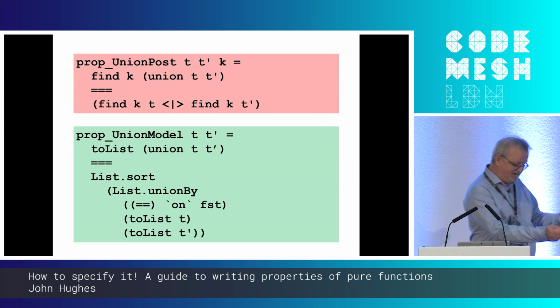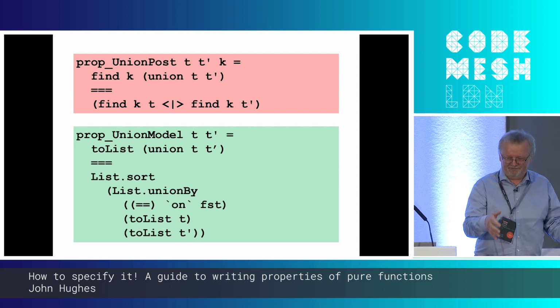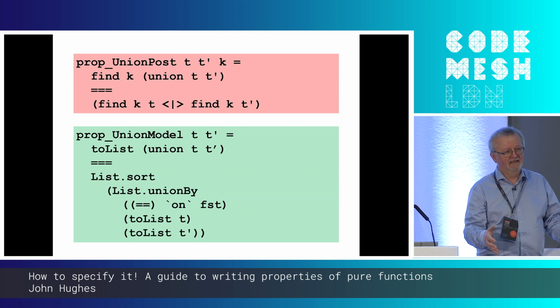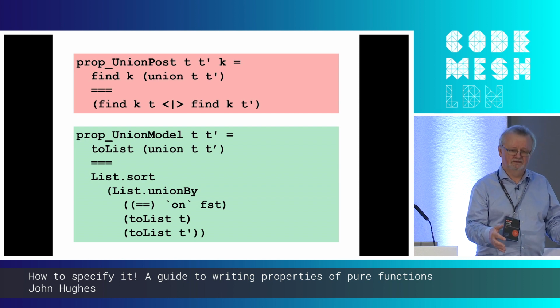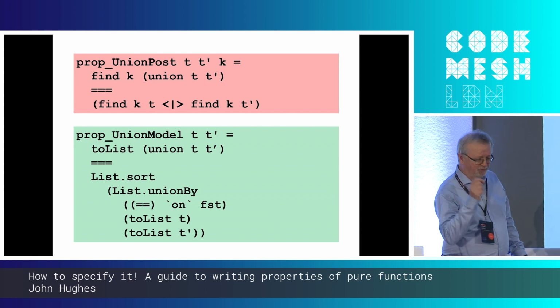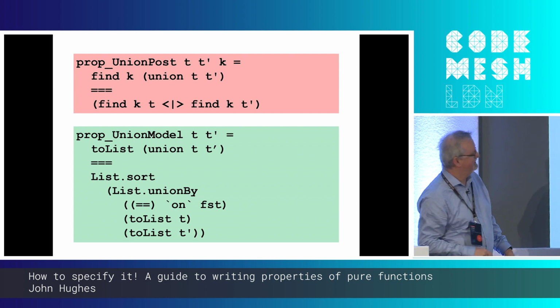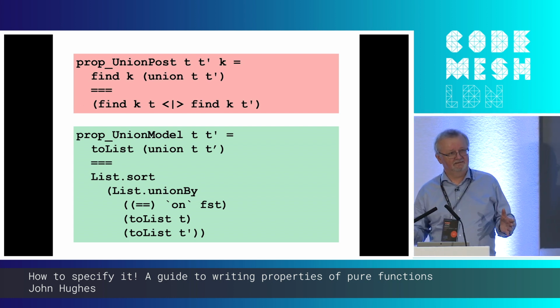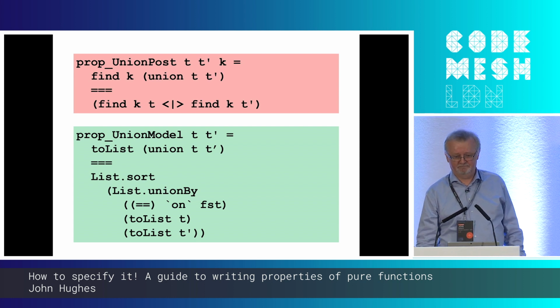So if you choose 2 trees that provoke the bug in union, to find the bug with the first property, you still have to have been lucky in that you chose a key for which the result is wrong. The first property tests 1 randomly chosen key. The second property, because it uses the model, checks all keys. And that's why the second property finds bugs in many fewer tests.